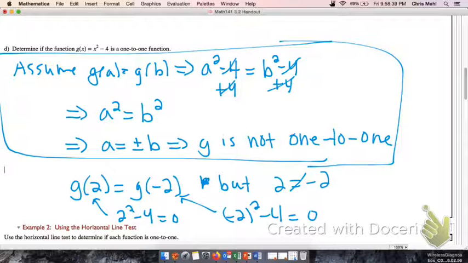And you can see that down here, right? If this was a over here, b would equal minus a. Okay, so if a is 2, b is going to be negative 2. And when the function outputs are equal, but the inputs are not the same, that's telling us that it's not 1 to 1, it's failing the horizontal line test.